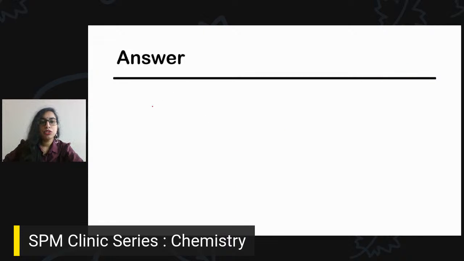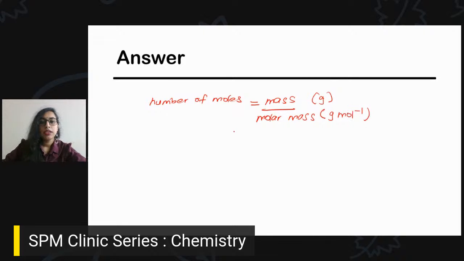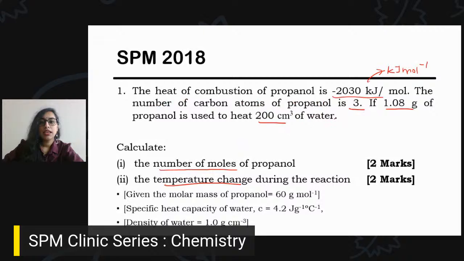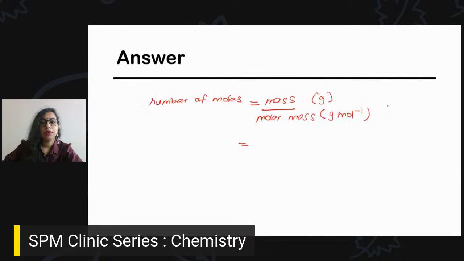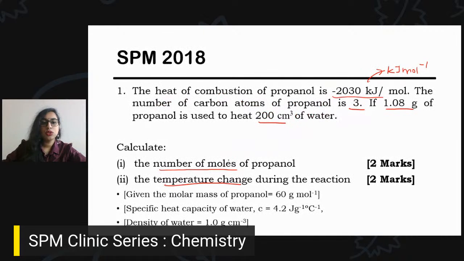Okay, so the first one, number of moles is equals to mass over molar mass. Mass will be in gram, molar mass will be gram per mole. Here the mass given is 1.08 gram, so it's 1.08 gram divided by, let's look into the molar mass.